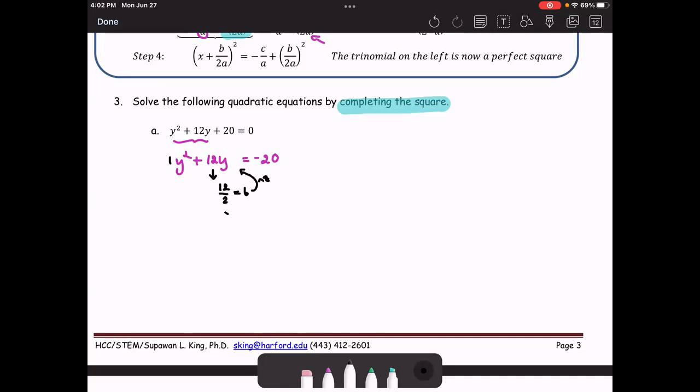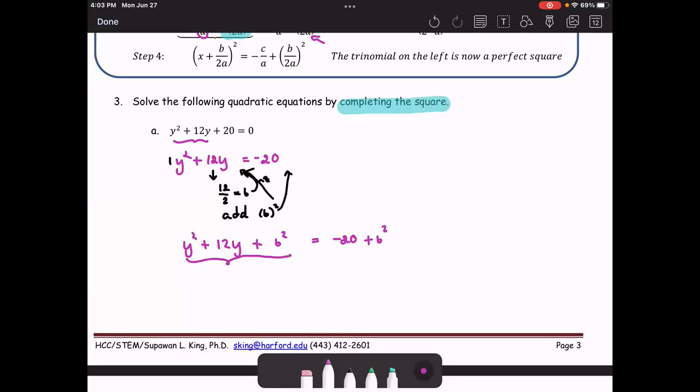So that means we're going to add 6 to the second power to both sides of the equation, to get the expression as y squared plus 12y plus 6 squared equals negative 20 plus 6 squared.